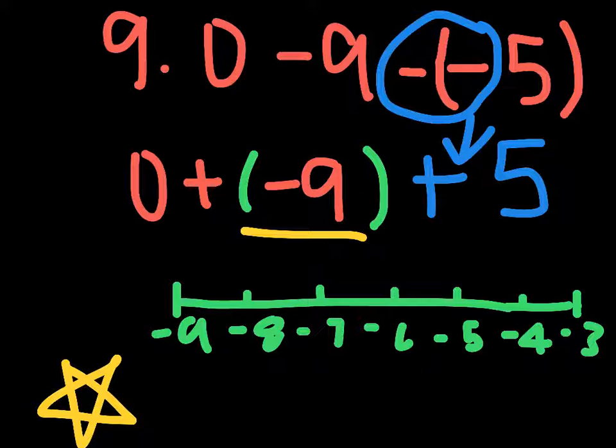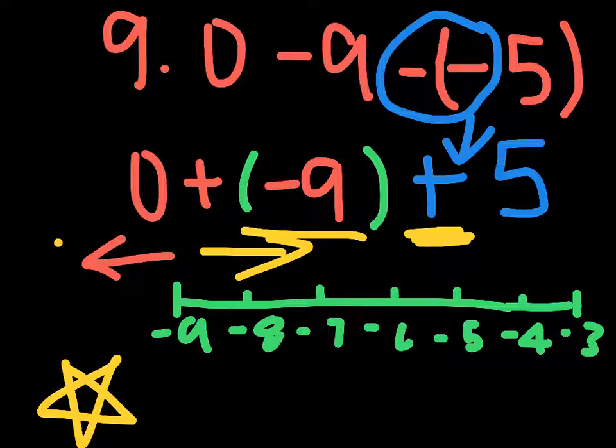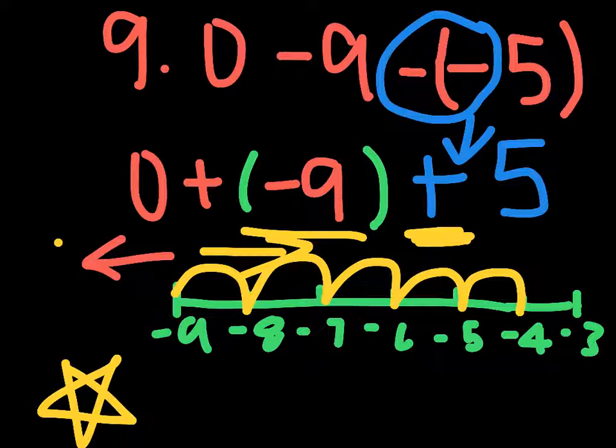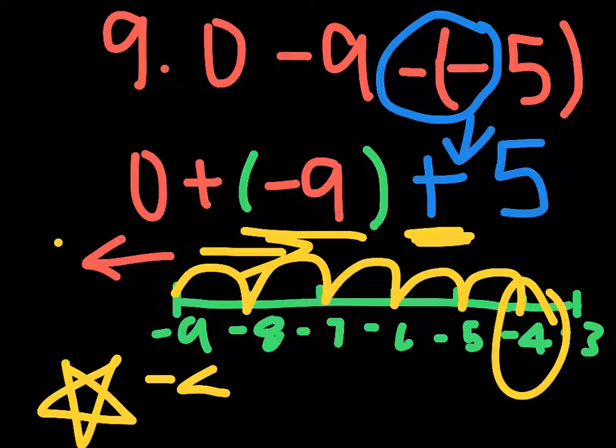Okay, and we are going to go to the right because of what? Because of this sign right here, this plus sign. So if it was a negative sign, we would be going to the left, but it is a positive sign, so we're going to go to the right. Okay, so that's 1, 2, 3, 4, 5. Right? So our answer is negative 4.